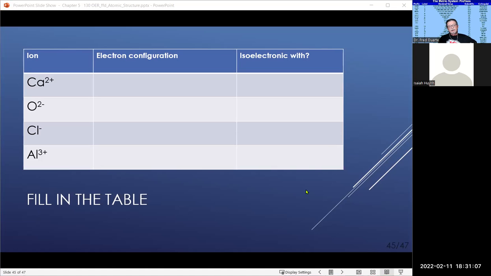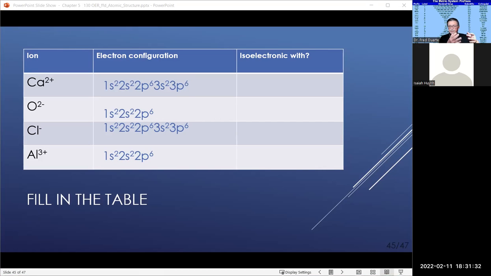You may get a table as follows, and then they're asking you to write the electron configuration. Be aware of whether it's an ion or the element. In our case, all four of them are ions, so make sure you write the correct electron configuration.